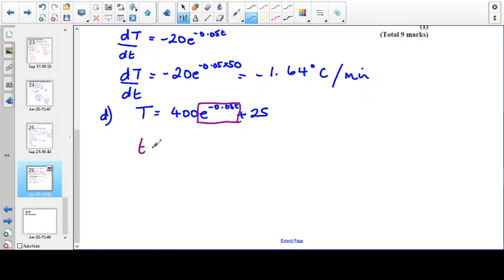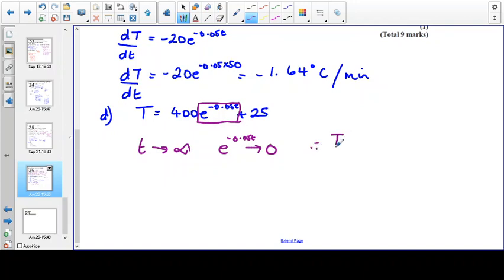So as t tends to infinity, so as time gets bigger and bigger, what's happening to this thing here? Well, that is getting smaller and smaller. That's tending towards 0. So if this is tending towards 0, then all of this is tending towards 0.